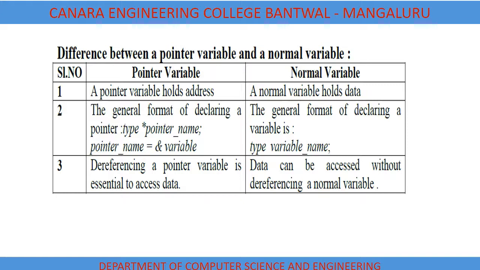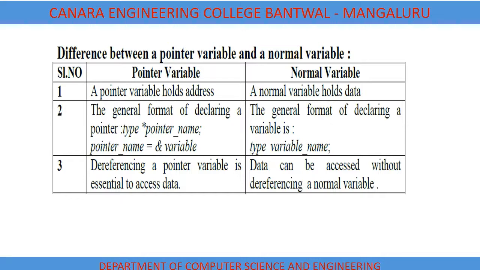In terms of general format, a pointer is declared using a data type followed by a pointer name, whereas a normal variable is declared as data type followed by a variable name. For a pointer variable you need to assign the address of some variable, then only it is going to work, otherwise it is not going to work.